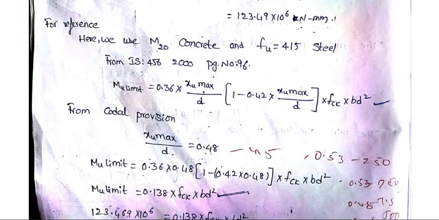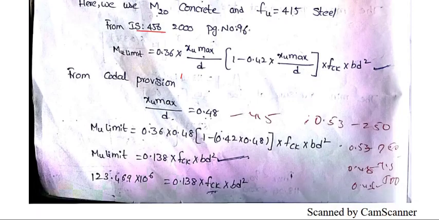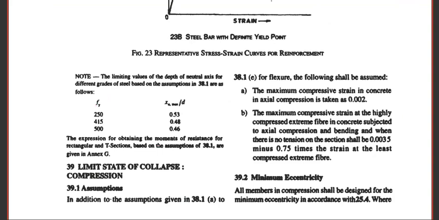From the given data, use M20 grade concrete and Fe415 steel. So Mu limit is equal to 0.36 Xu max by D into (1 minus 0.42 Xu max by D) into fck b d square, page number 96, IS 456:2000. We get this from the code book. Here you can see Xu max by D is equal to 0.48 for Fe415.